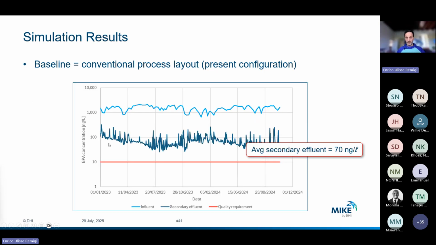So with this process setup, the utility would have around 70 nanograms per liter of PPA in the effluent. Here in red is the target, so significantly above the quality required for the effluent.